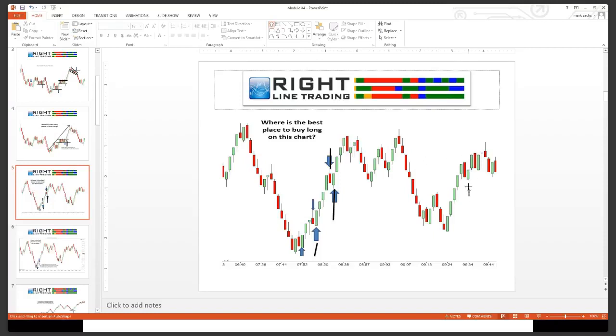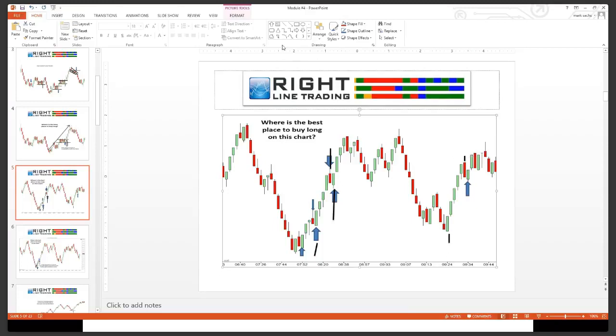Here's your dark cloud cover, I'm sorry, your piercing candle for your continuation. Here's your A. Here's your B. But because this is not an engulfing candle, the A and the B will disappear. But you still have an entry here, and you still have a winner.